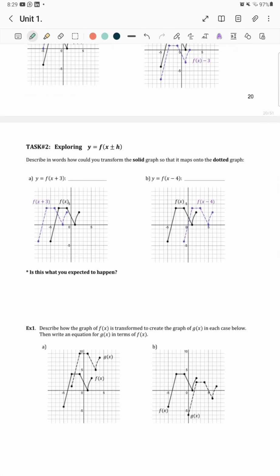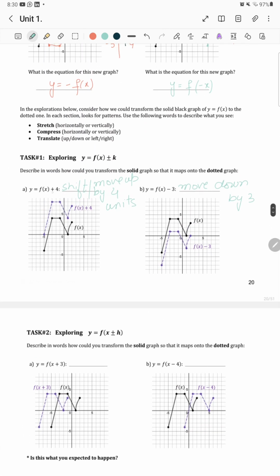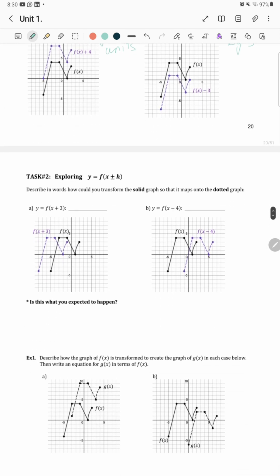Describe in words. Okay, we have f of x plus 3. What is this? This is the function f of x. First we have the complete function and we are adding 4, so we need to move up by 4 or move down by 3. But here only the x component is changing, x plus 3. So what we are going to do is move only along the x-axis.